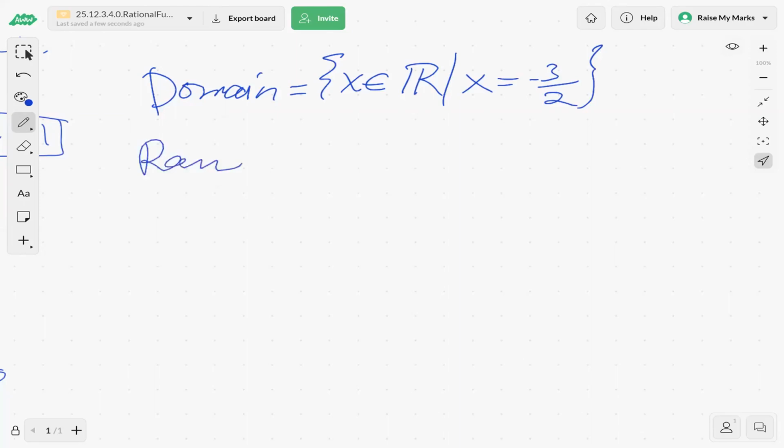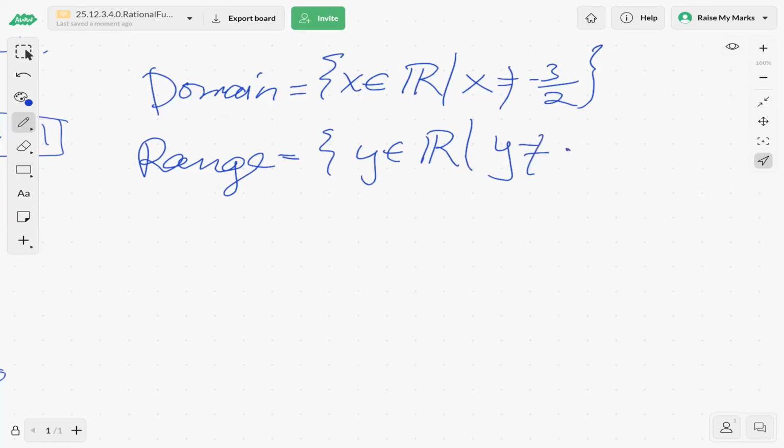Our range is all real values of y such that y does not equal 1/2, which is our horizontal asymptote.